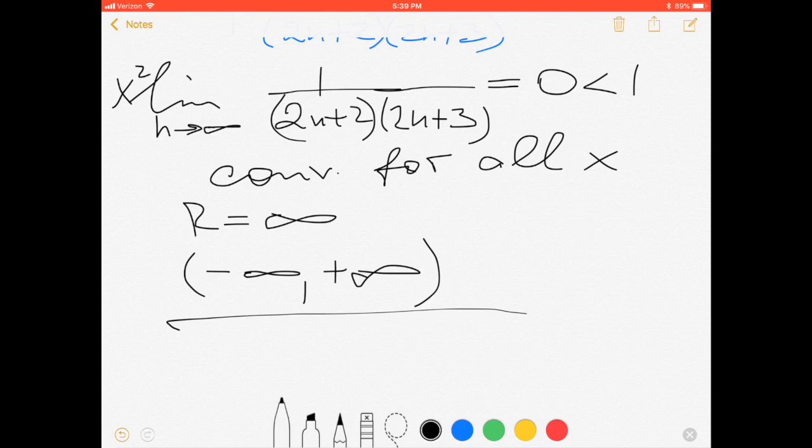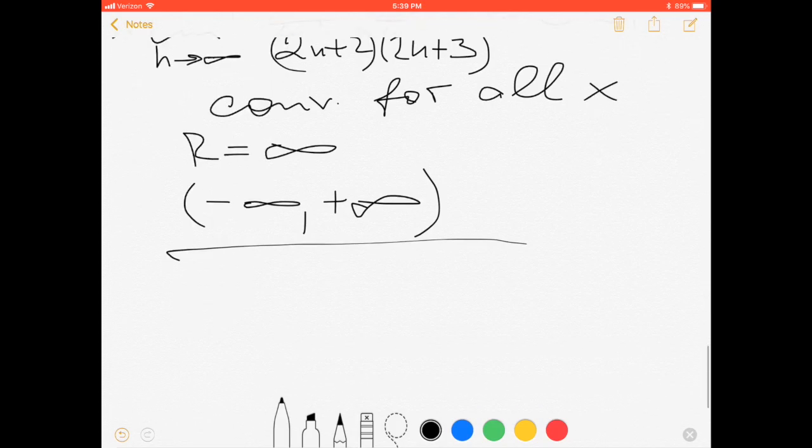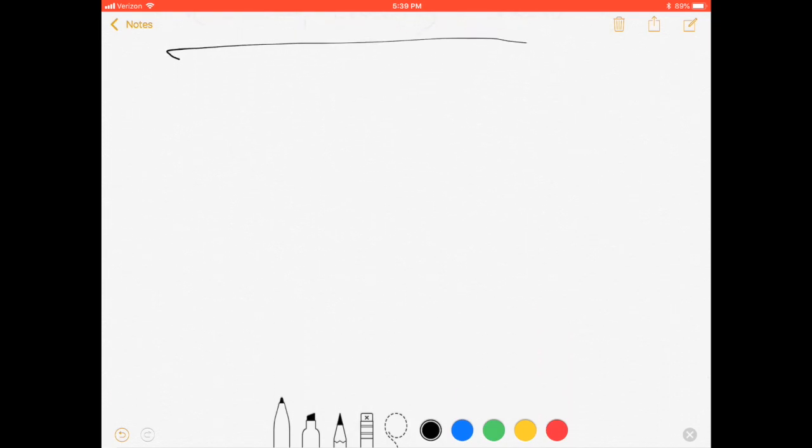Great. Now let's see how we use power series in the future. We talk about functions we define as power series and look at some properties. And here we have a very important theorem.